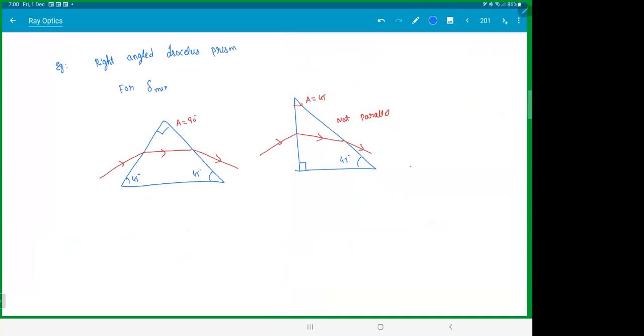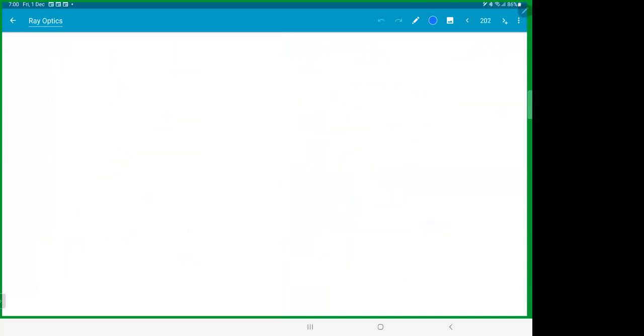Meaning someone was asking about TIR, what happens if the ray doesn't come out? There is a possibility. Meaning the light ray won't come out of the right side. So basically there is a TIR. And the main thing, this is also the maximum deviation.